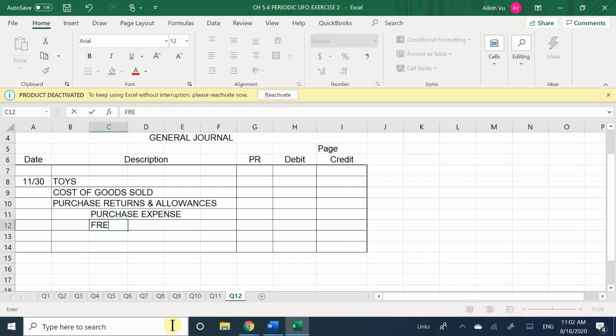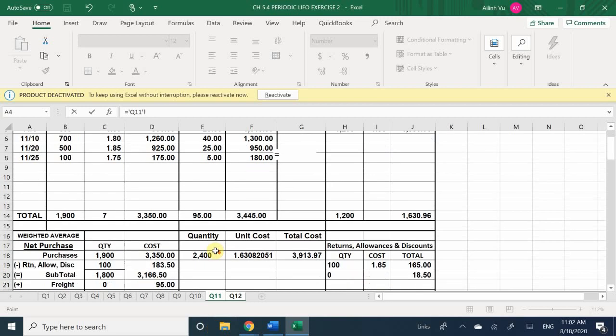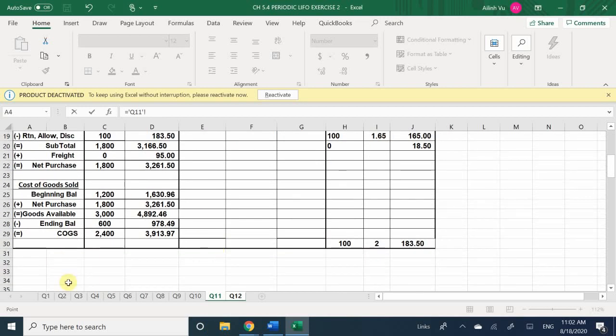And freight expense. Exactly. And we need to recognize our beginning inventory. Correct. So from here, what is my total debit I'm going to incur as of November 30th?